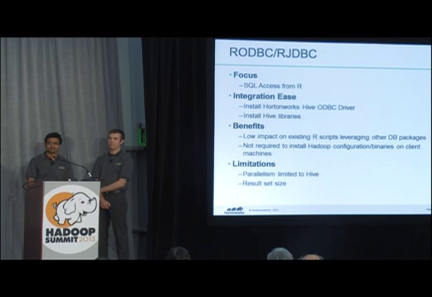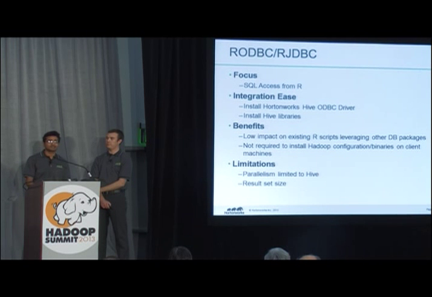So I'll go through the benefits now. The key benefit is that most of the customers that we go to already have some R scripts, and they have data in a relational data store, and now want to migrate their data with the growth of data into Hadoop.